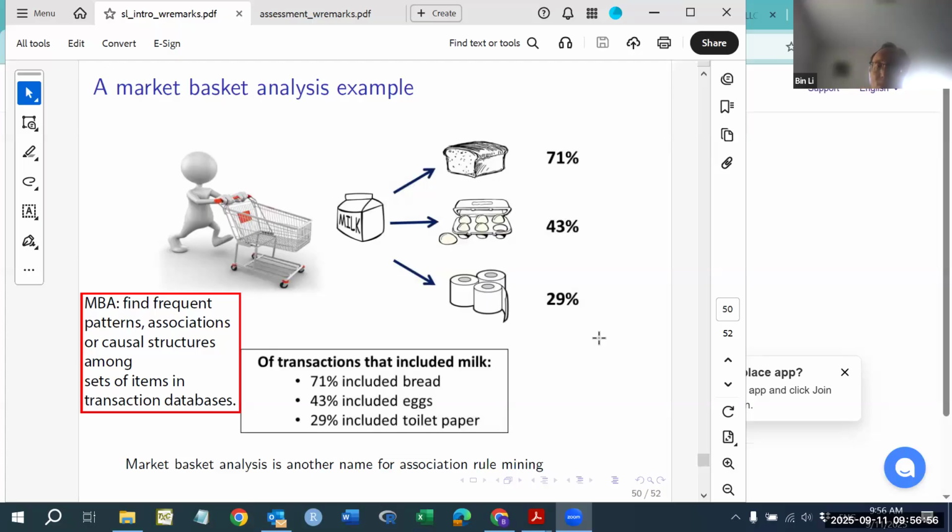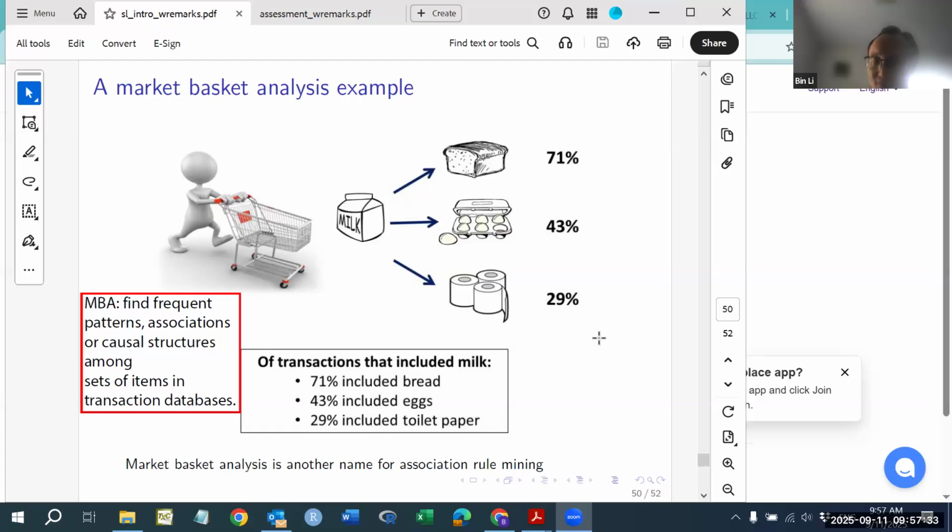For example, among all the transactions from a particular grocery store, let's say Walmart, if that transaction basket contains milk, then there is a 71% chance that the basket also contains bread, 43% chance it contains eggs, and 29% chance it contains toilet paper.